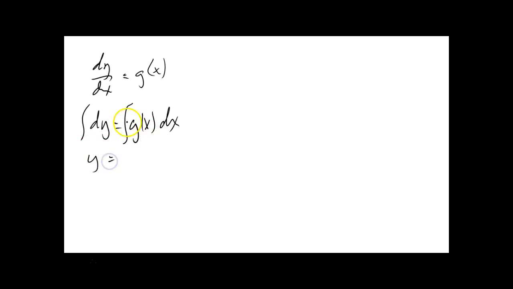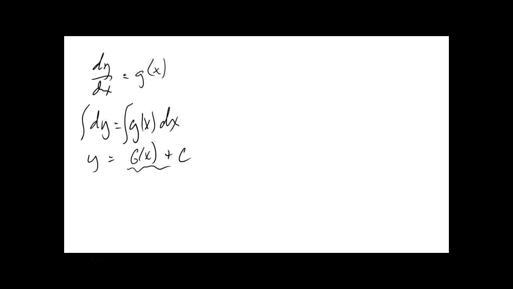And the integral of this would be, if g is an integrable function, some function of x, let's call it capital G of x, plus c, okay? And that would be our solution. If g of x was integrable, then if its antiderivative is capital G of x, then that would be our solution, with c being your parameter, okay?